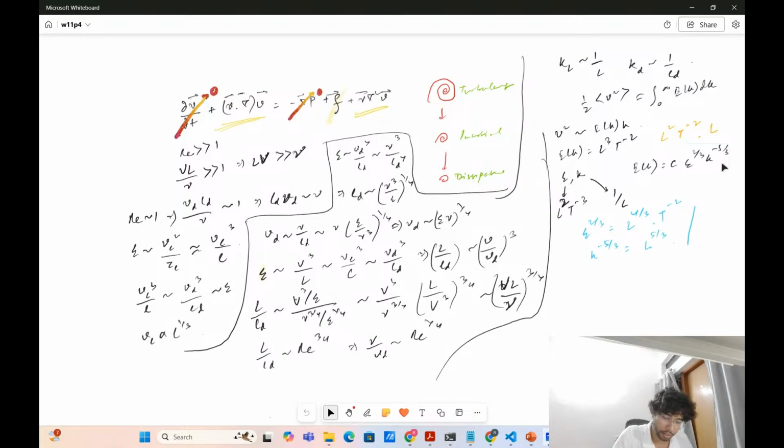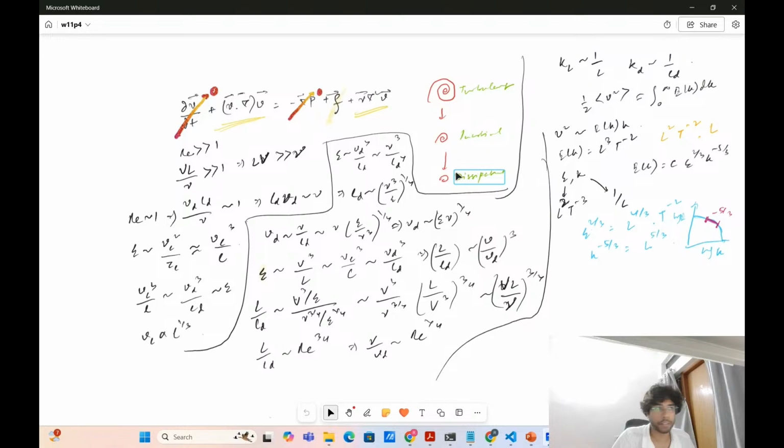And so if you just plot E(k) with K, right, energy with respect to K, it will look something like this. So in this region, the slope will be minus 5/3. Well, if we just plot log, actually, okay. So the slope will be minus 5/3, right? And this is the region where the dissipation is taking place.